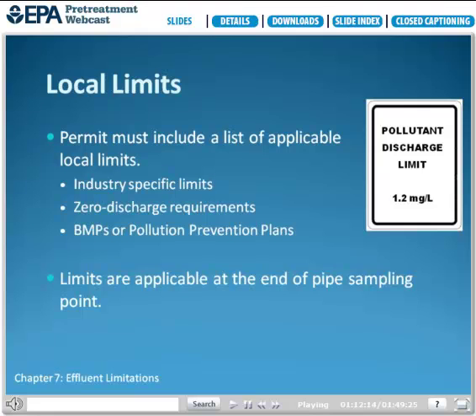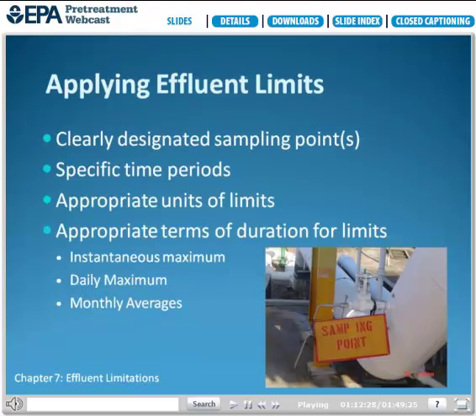Remember that local limits are typically developed for end-of-pipe compliance. It is important that the permit writer clearly and correctly apply the effluent limits in the permit. The permit should clearly designate the sampling point where the limits apply, the period in which the limits apply, and the units. In addition, the effluent limit should be expressed in terms of the duration for which the limits themselves are intended.